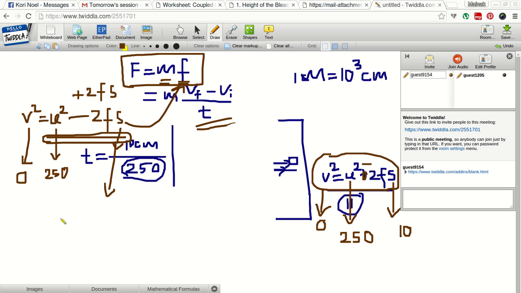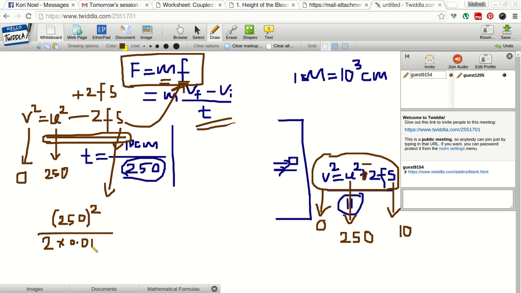Yes. So what you have is 250 squared divided by 2 multiplied by the value of s. s is 10 over 1000, so 0.01. So this should be the value of the acceleration. Did you get the same thing?